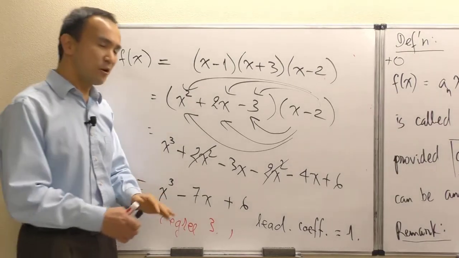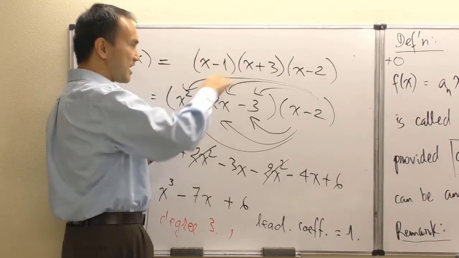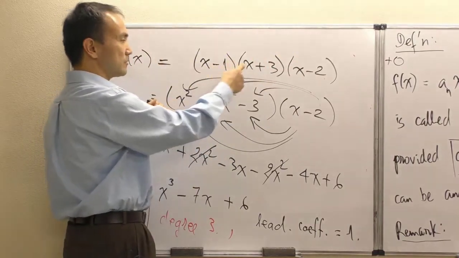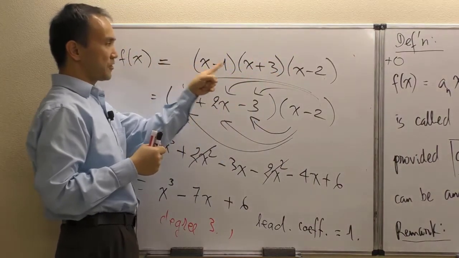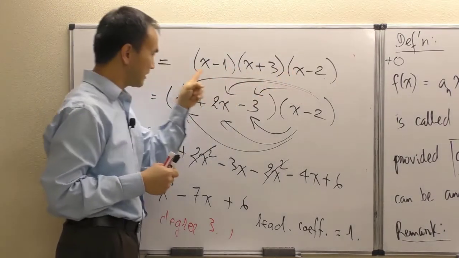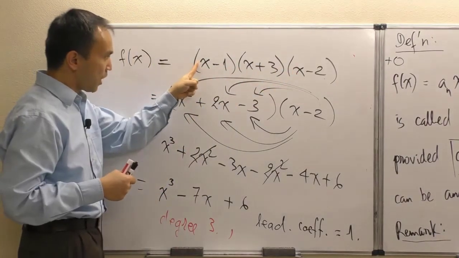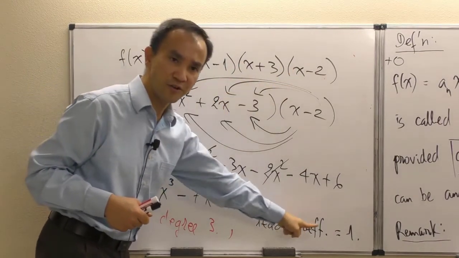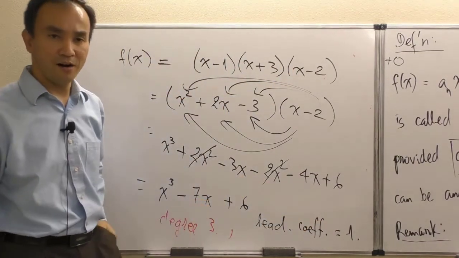And then the leading coefficient. In an easy case like this, where all of these are power 1, and each one of these is a linear expression with just the coefficient 1, just think about 1 times 1 times 1. The leading coefficient equals positive 1. All right.